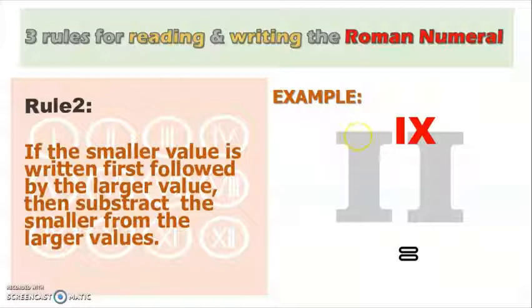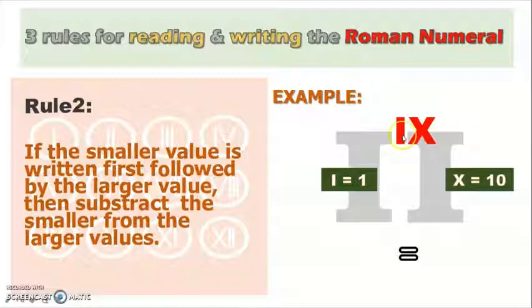For example, I and X. I is equal to 1 and X equals 10. Observe that the 1, which is the smaller, is written first, followed by the larger value 10. So take note of the rule.